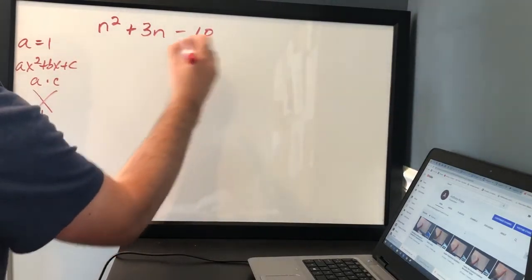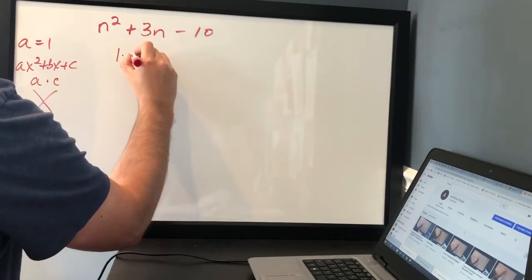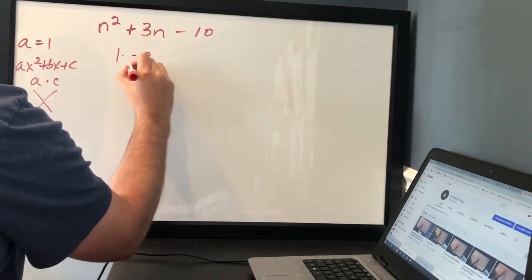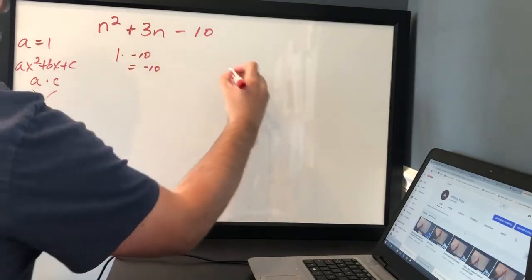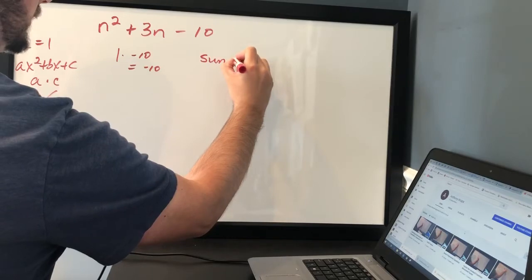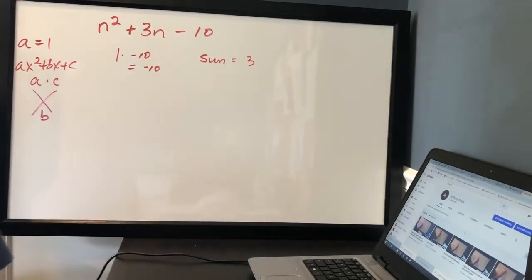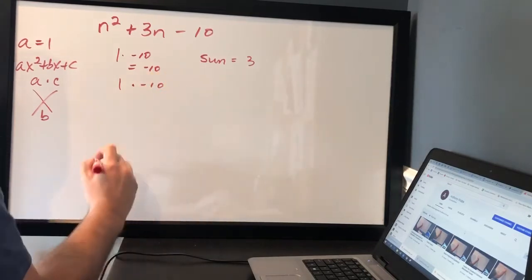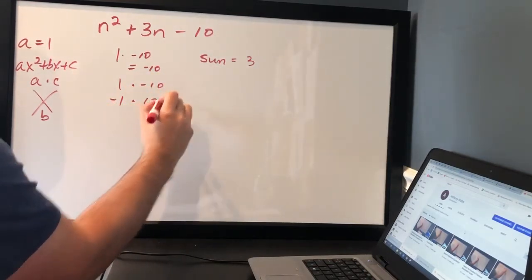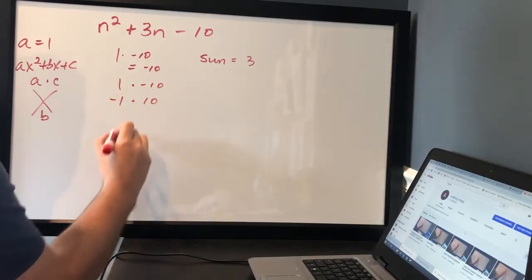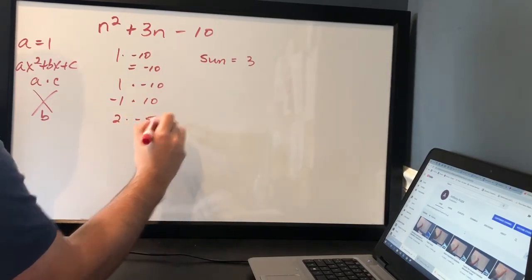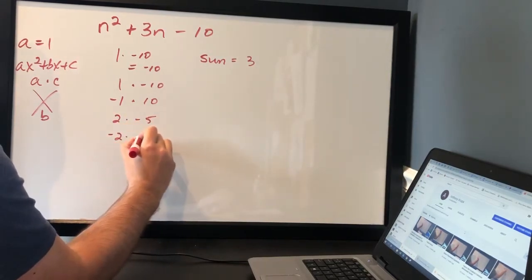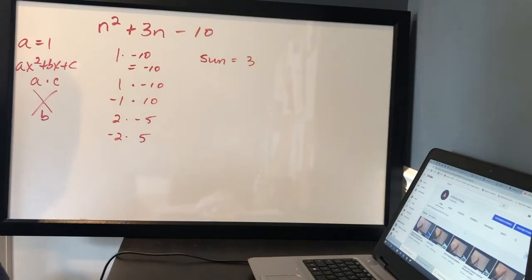In this case, we want the factors of 1 times negative 10, which equals negative 10, and we want the sum of those two numbers to equal positive 3. So we're going to list our factors: 1 times negative 10, negative 1 times 10, 2 times negative 5, and negative 2 times 5.